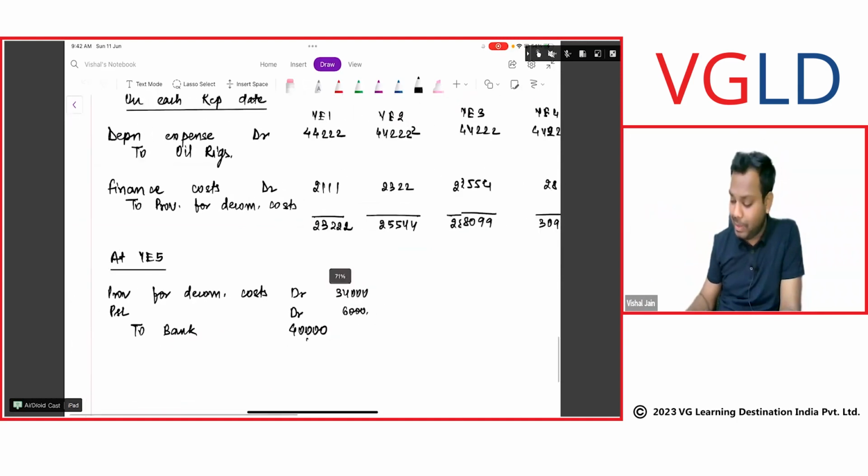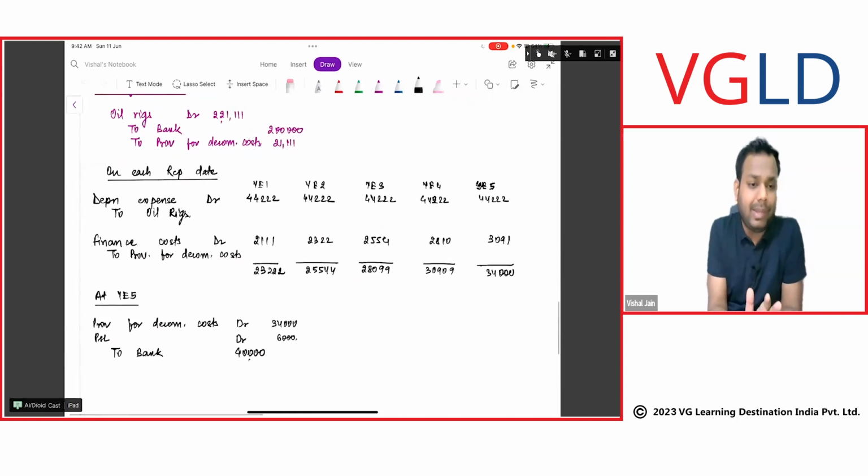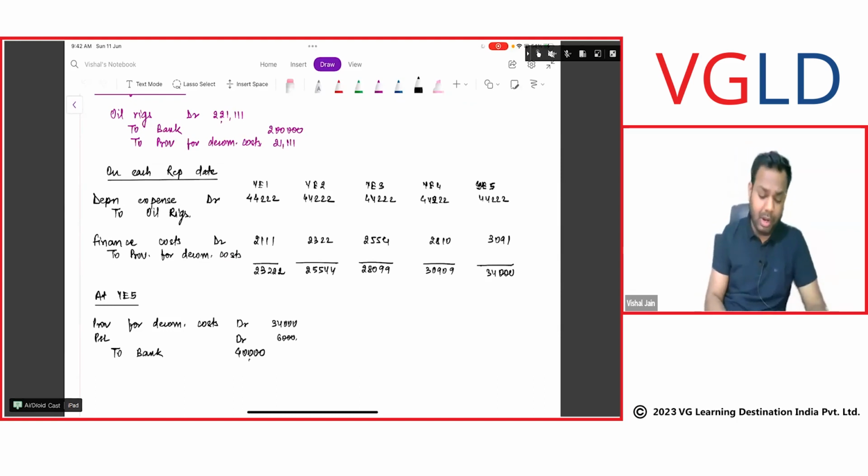Please try to read the entries. This 44,222 is calculated how? 221,111 divided by 5.